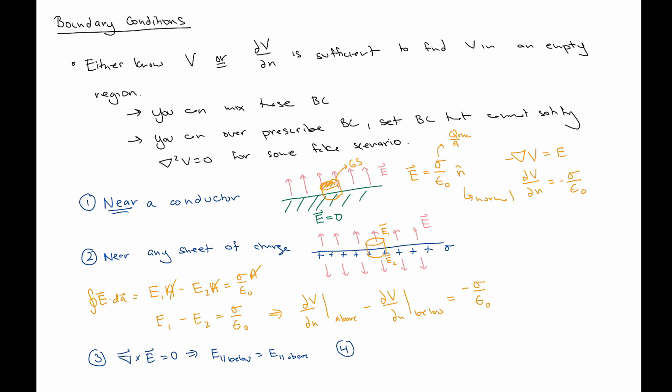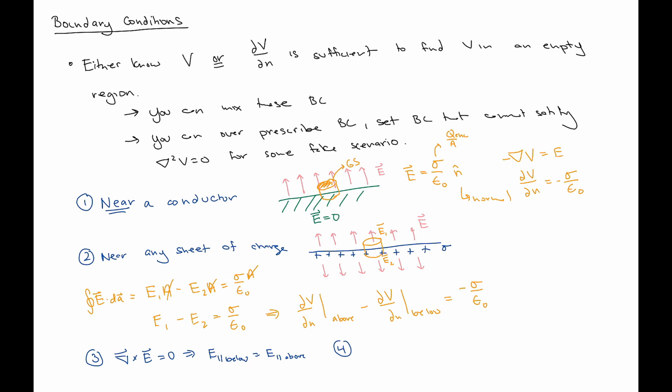And the last thing I know is that, if you remember, we thought about having a sheet of charge and evaluating the potential along a line just above and just below that sheet of charge. If we did a line with a length of epsilon, and we thought about this particular integral, so let's call this A and B, VA minus VB, I know that is equal to the negative of the line integral of E dot dl.